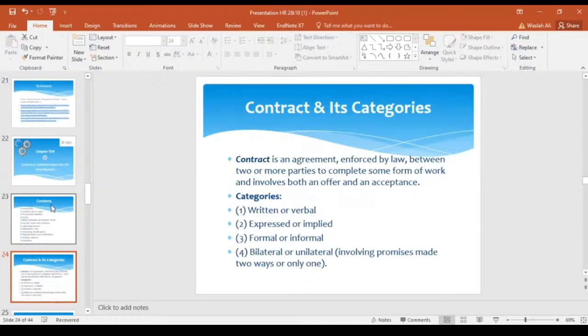One is written or verbal. Some contracts are in written form and some are finalized verbally, while some contracts are expressed or implied, some are formal and informal, meaning these contracts are procured in a formal or informal way.